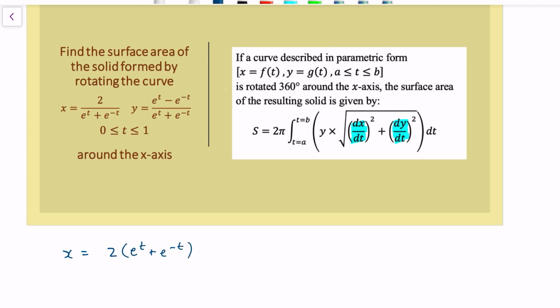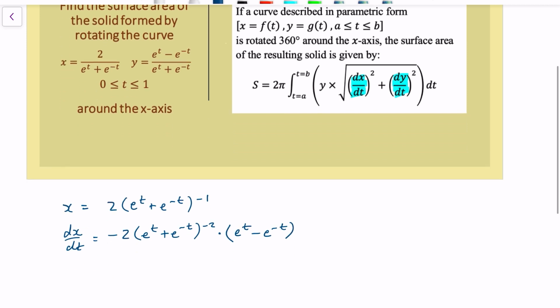Bring the denominator up to the power of -1, take the -1 to the front, drop the power to -2, multiply by the inner derivative, and then tidy it up. That doesn't simplify, unfortunately.